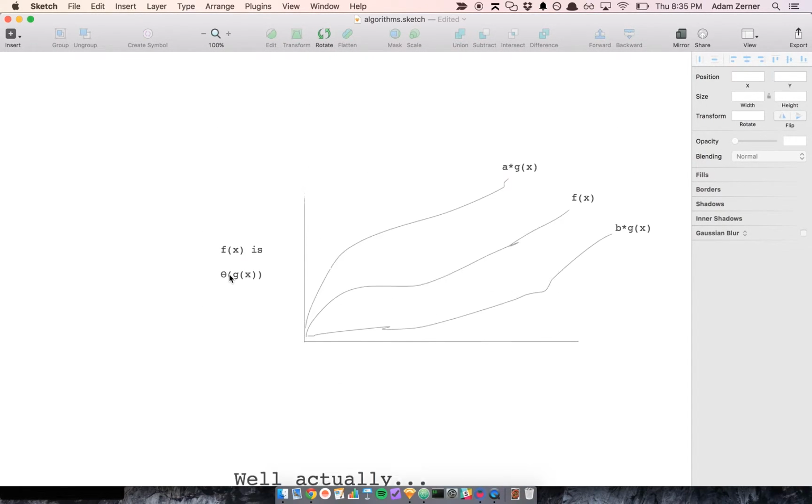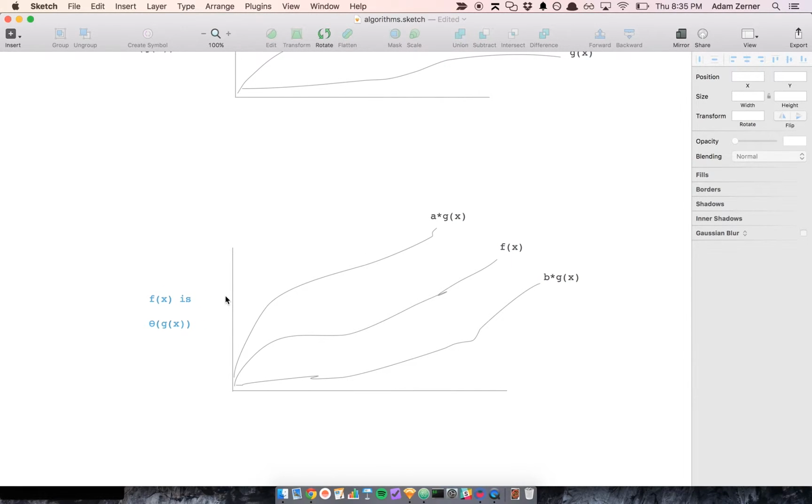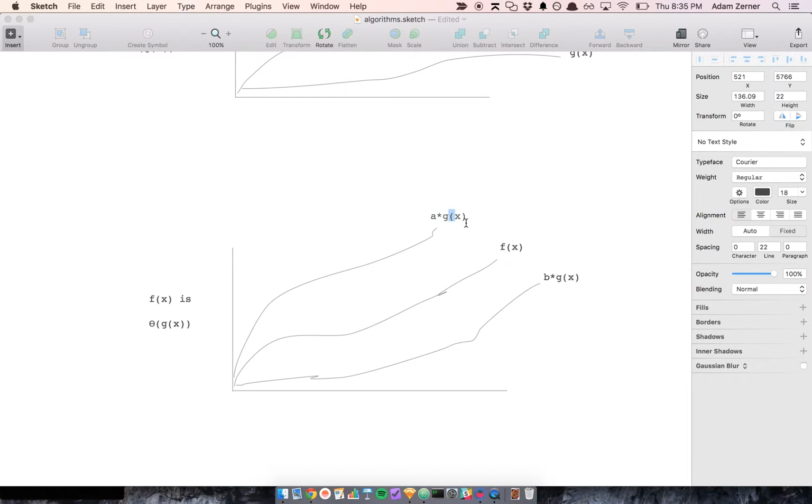And the last thing is big theta. Big theta is a little bit more complicated to explain, but if there's some function g of x that tightly binds, or is a tight bound of f of x, where there are two coefficients, a and b, that can be applied to g of x that tightly bound f of x, we'll say that f of x is big theta of g of x.